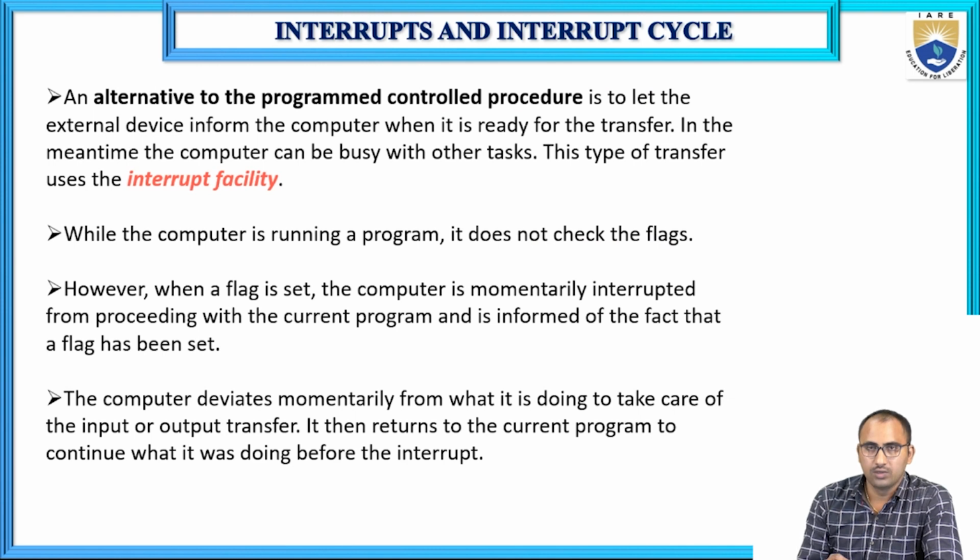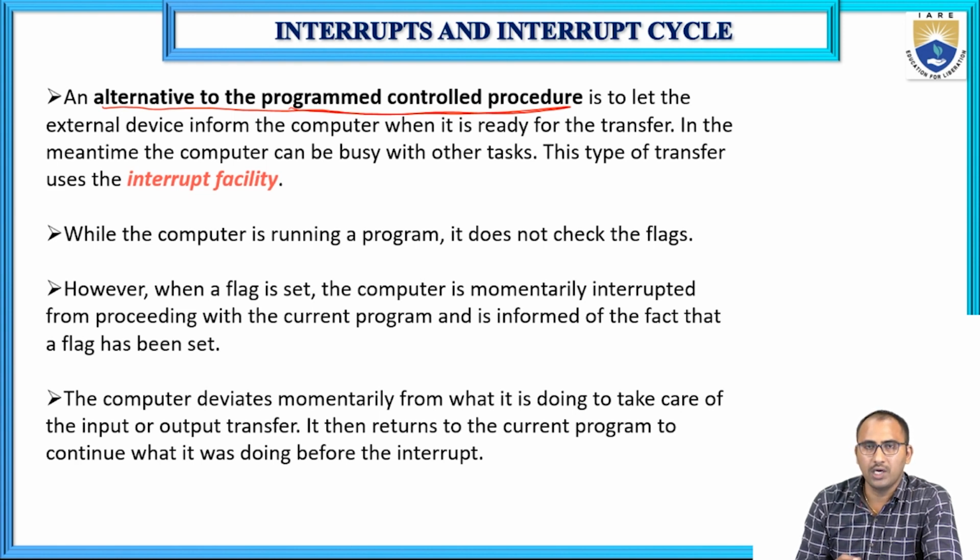So see here, we are going for the alternative method. What is the alternative to the programmed controlled procedure? It is to let the external device inform the computer when it is ready for transfer. Previously in the first method, programmed controlled procedure, the CPU has to check the flag bits continuously.